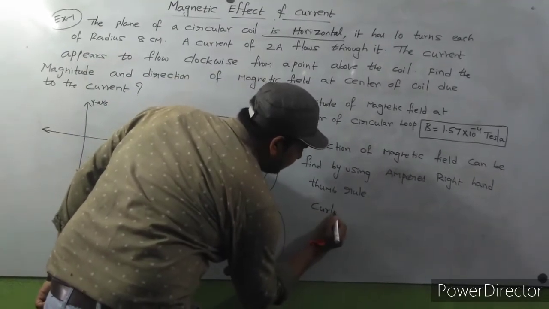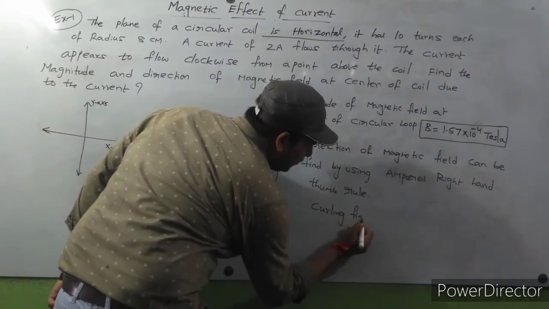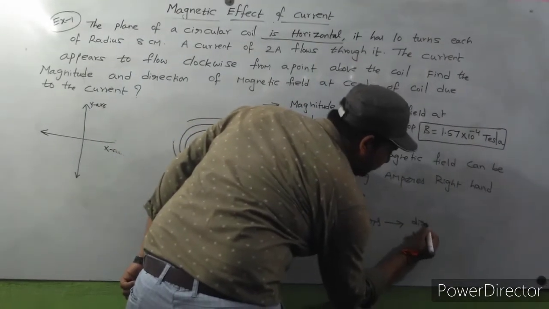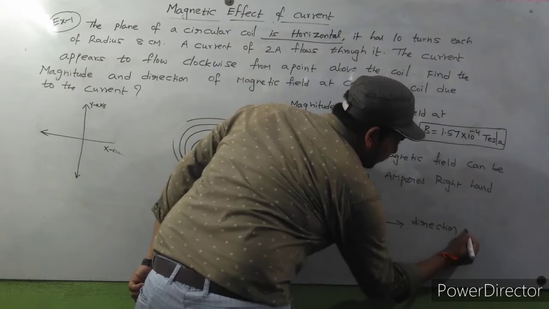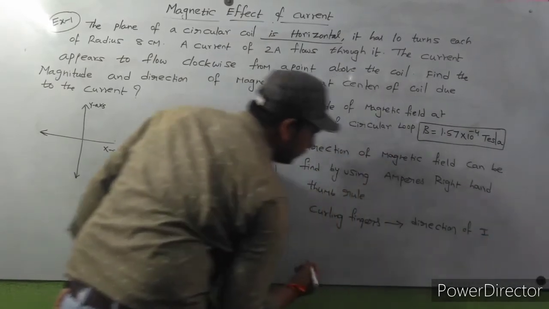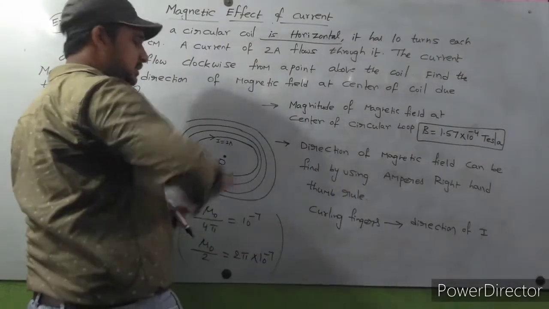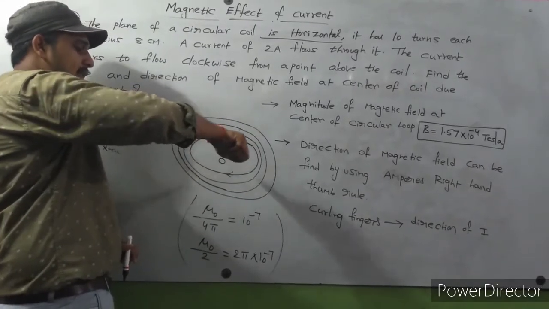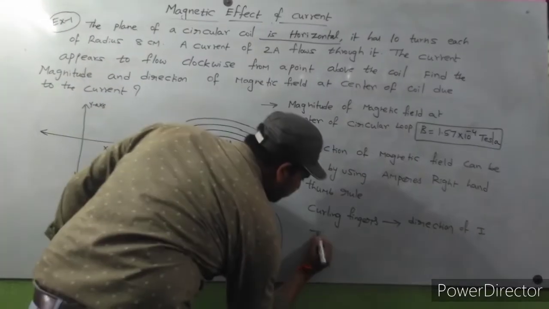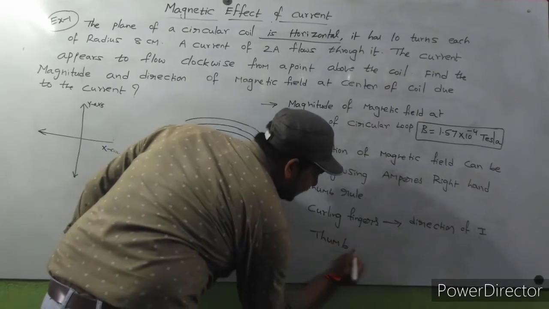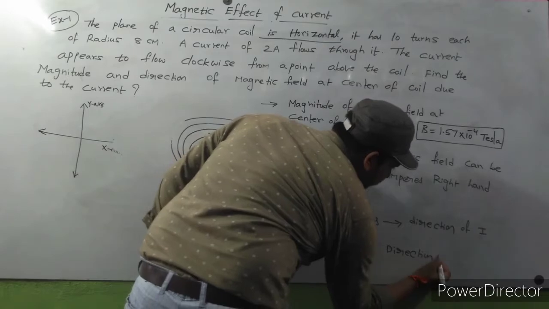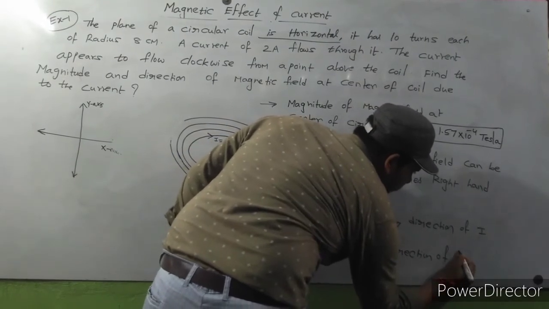Curling fingers indicate the direction of current I, and the thumb indicates the direction of the magnetic field B.